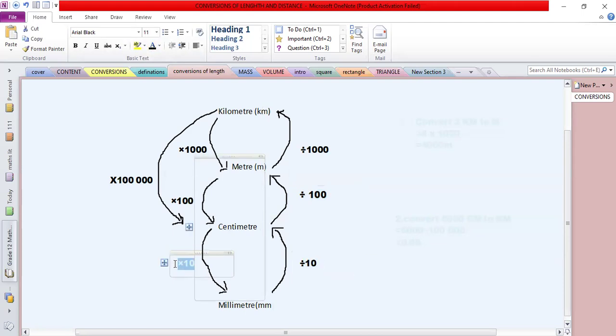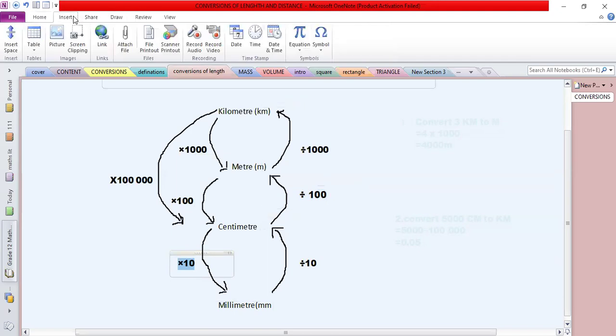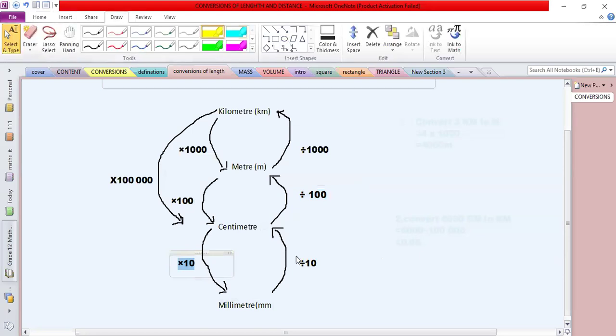As you can see here, we move from millimeter to centimeter, and we divide by 10. I'm trying to highlight it for somebody so that they can see what I'm talking about. When you move from millimeter to centimeter, you divide by 10. I've highlighted it in yellow there. And when you move from centimeter to meter, you divide by 100.